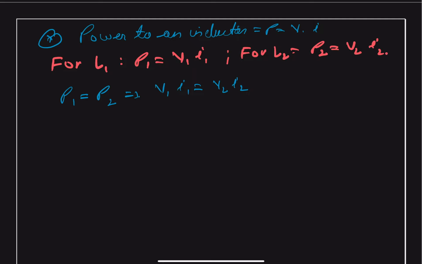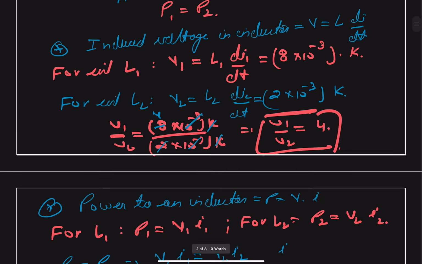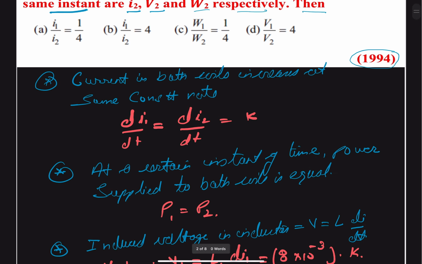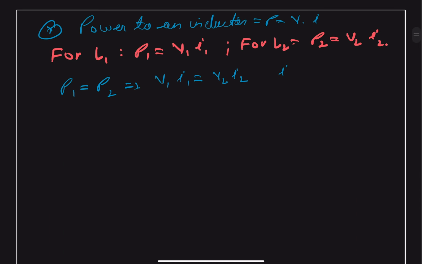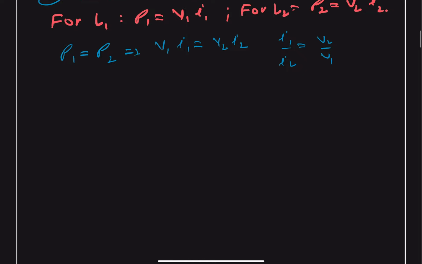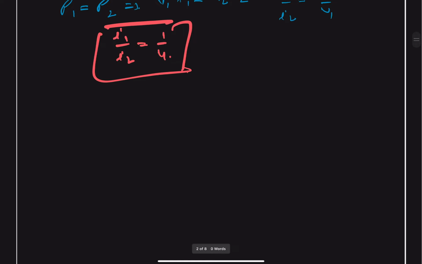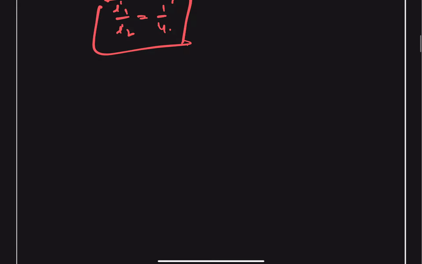So therefore we can write from here, for the option I1 by I2, I1 upon I2 is equal to V2 upon V1, and V1 upon V2 is 4, so we get I1 upon I2 is equal to 1 upon 4. And finally, we come to the energy stored in an inductor.